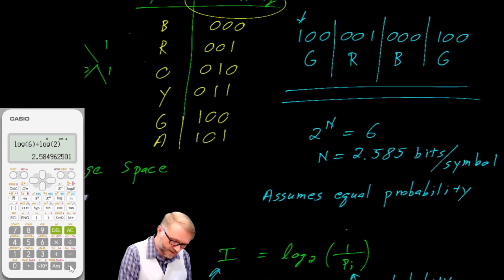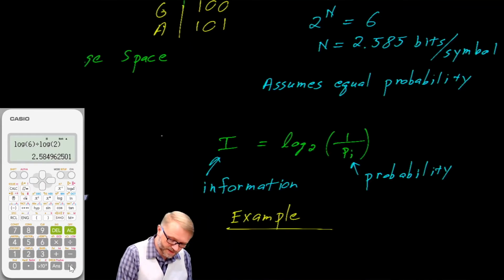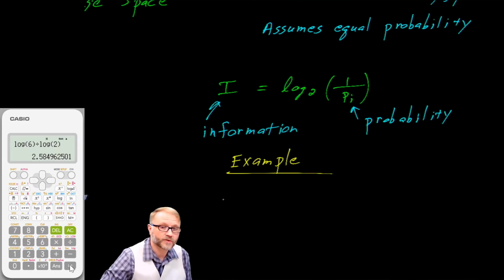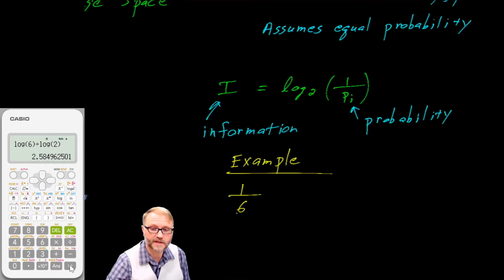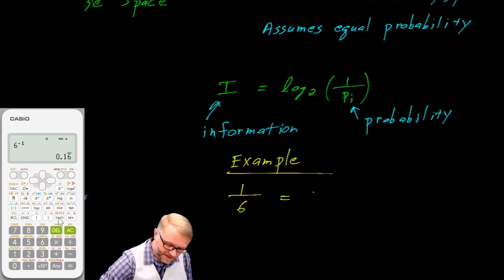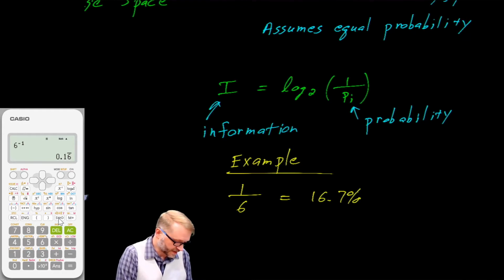We assumed, let's see, 1, 2, 3, 4, 5, 6 symbols, and if we assumed equal probability, that means the probability of any particular symbol is 1 over 6. So the probability in this case is about 16.7% for any particular symbol.